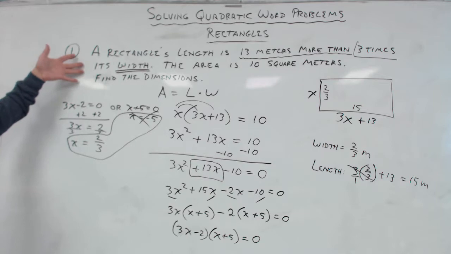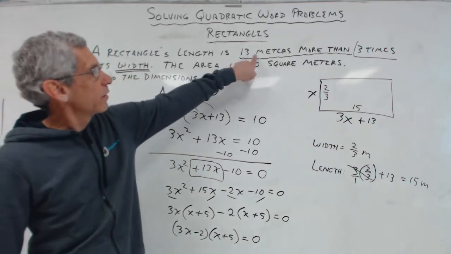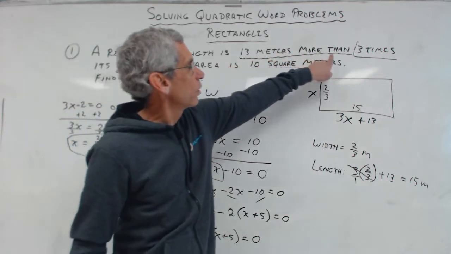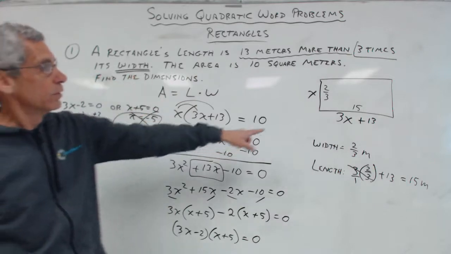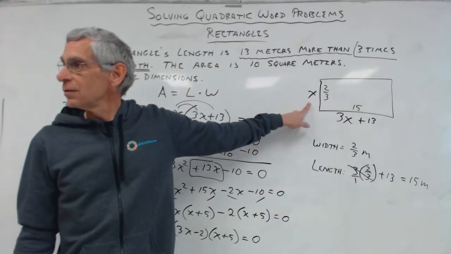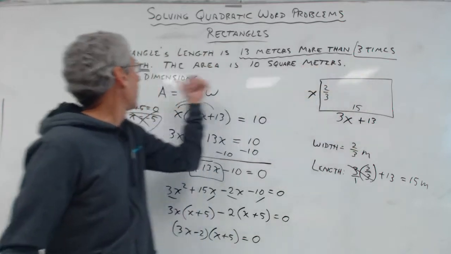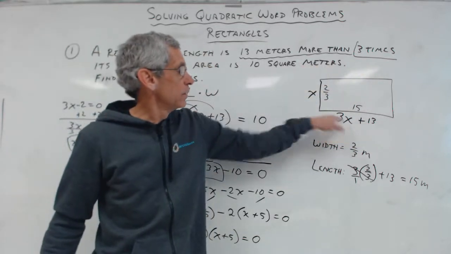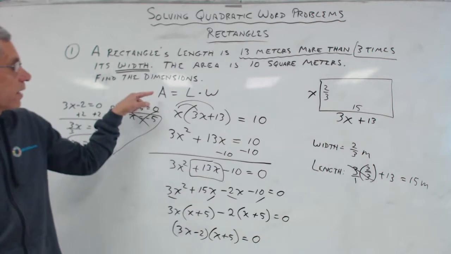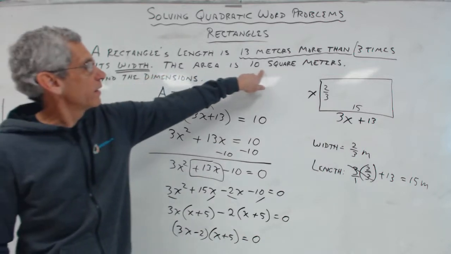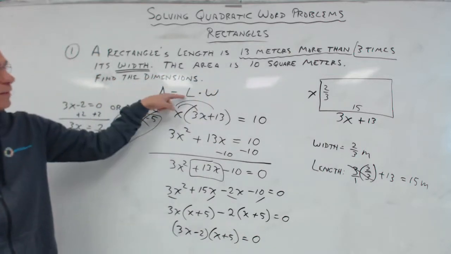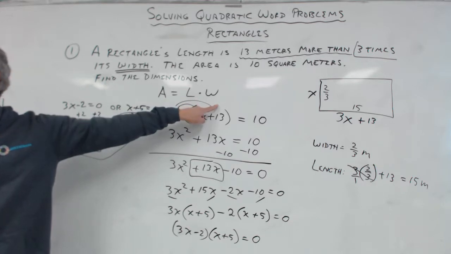So to review it again, do you guys understand how I got it, when it says 13 meters more than 3 times its width? The 13 more than goes off to the right, and for 3 times the width, I put 3x. Once I've got that, I realize it says my area is 10 square meters, and area is length times width, right?